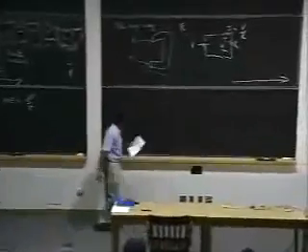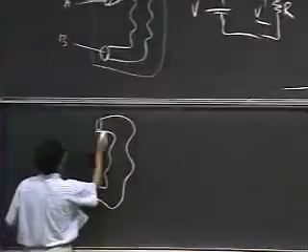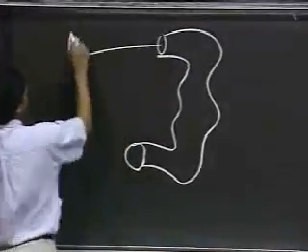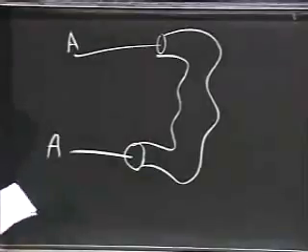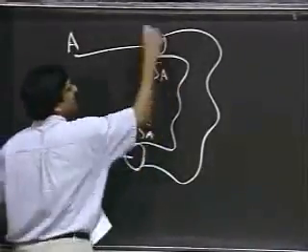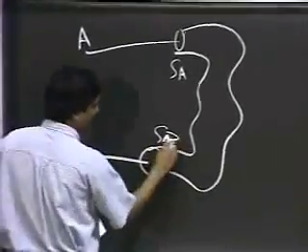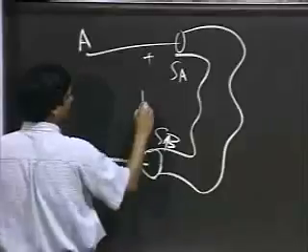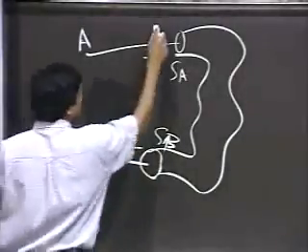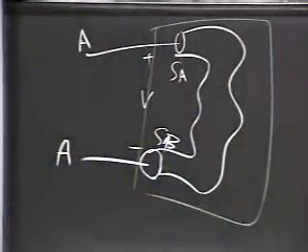So let's take a closer look at the bulb filament and look at what we really did. So here's my filament, A, and let's say that the surface area here, I labeled that SA, and the one down here as B. My voltage V is applied there, and this is my black box that I replaced with a resistor.